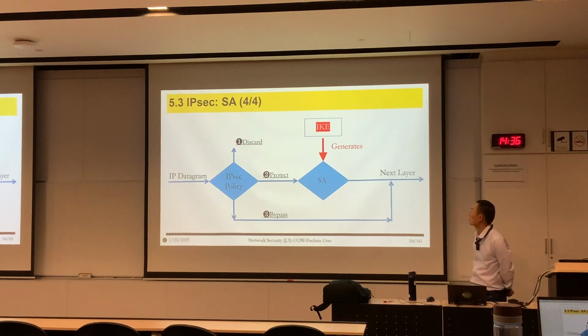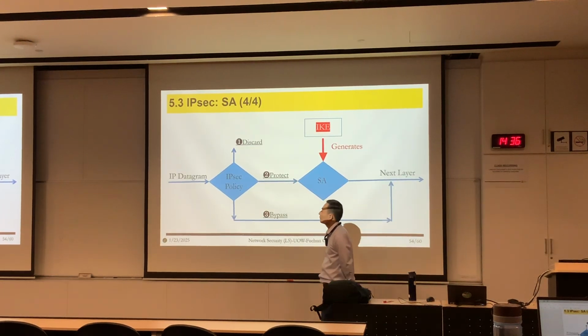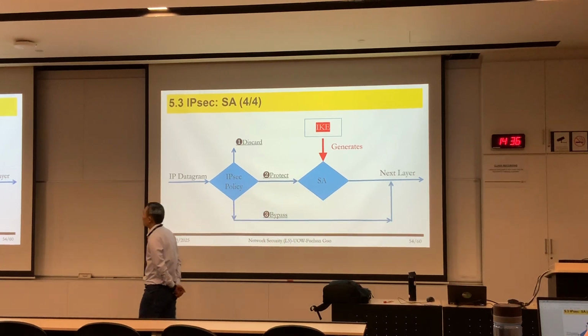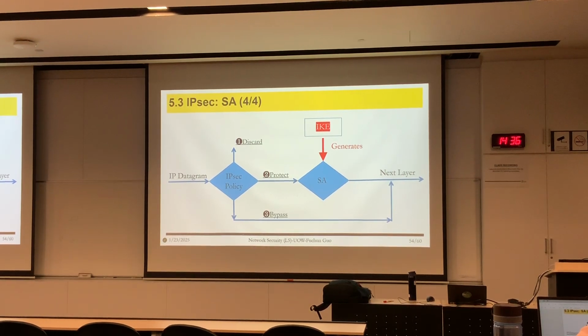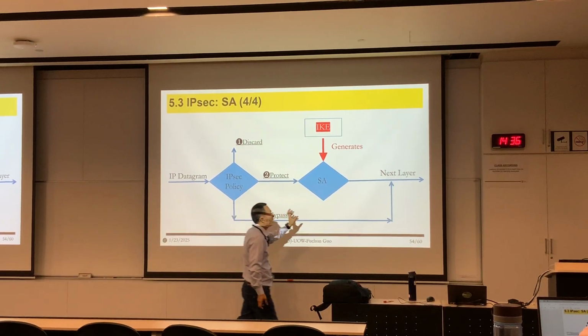Let's go back to this question. If we treat SA as a protocol, and the protocol needs some kind of algorithm for security cryptography purposes, then to be able to obtain the keys and algorithms, it will call IKE as a subprotocol for help to complete running the SA.